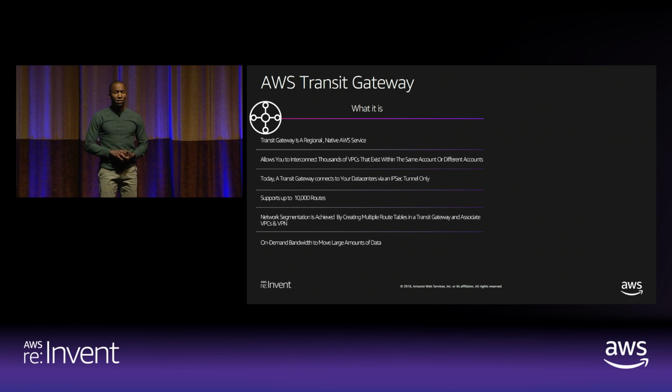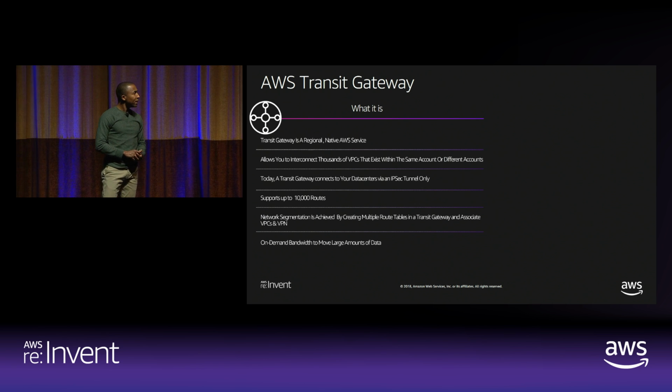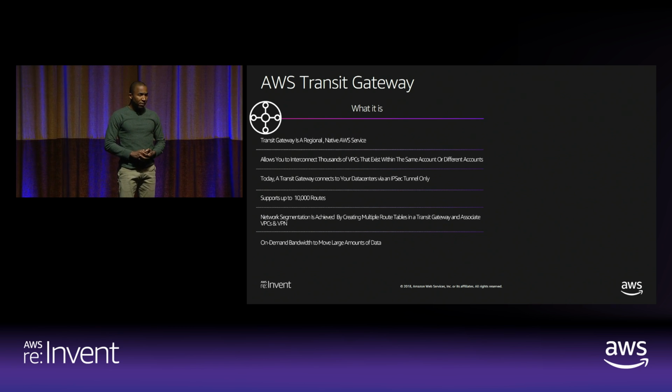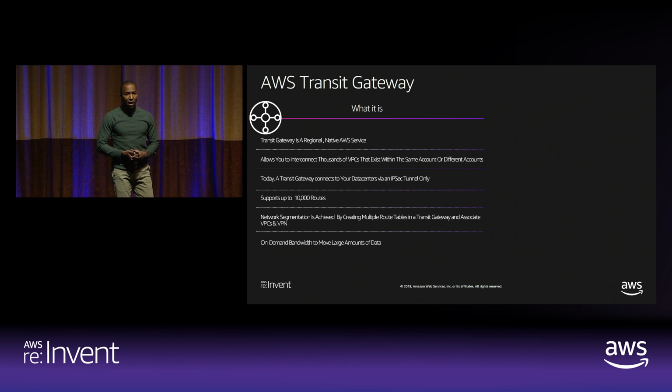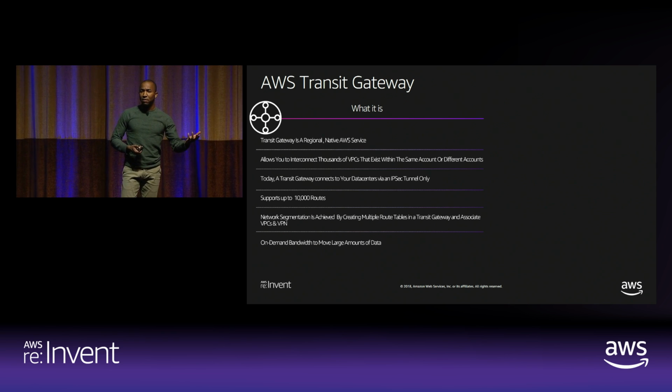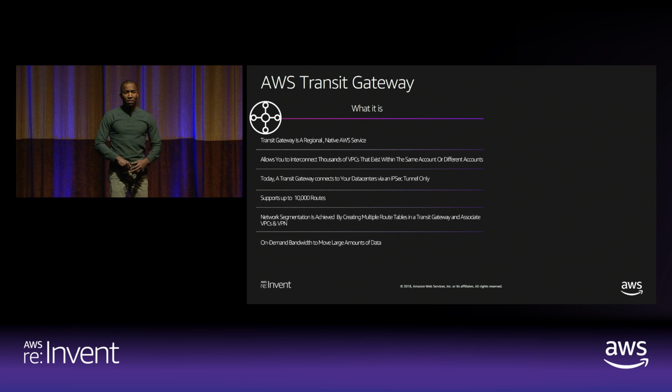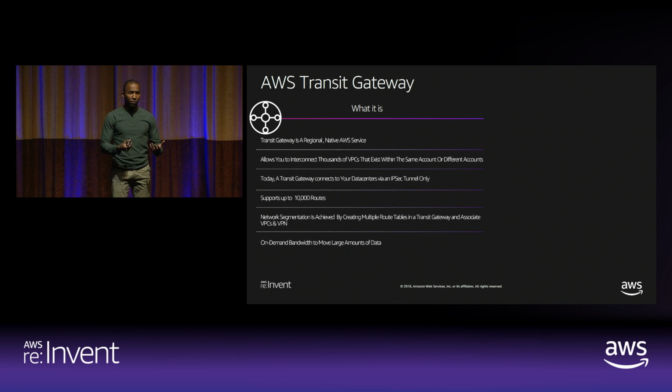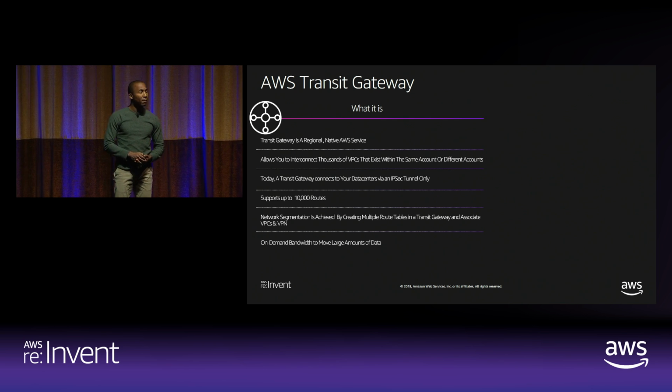You can support thousands of routes. Today, the Transit Gateway supports IPsec tunnels. So you can create a single set of tunnels, or you can create up to 50 or more tunnels, for example, within AWS, and add the routes for the networks that those tunnels connect to your route tables for Transit Gateway.